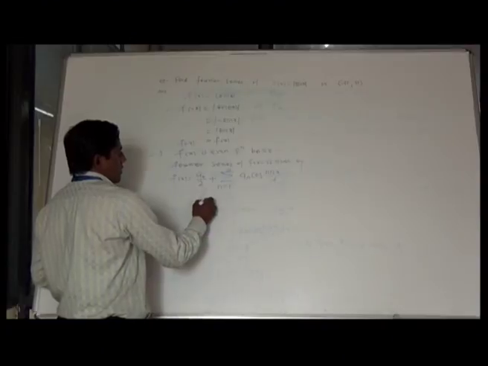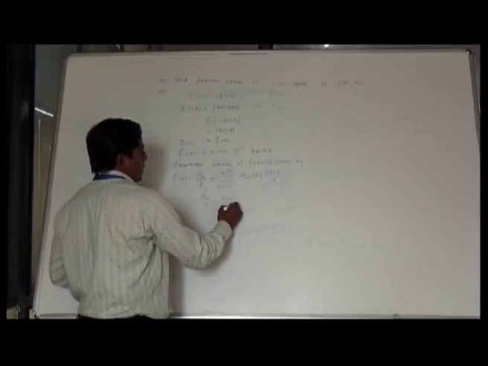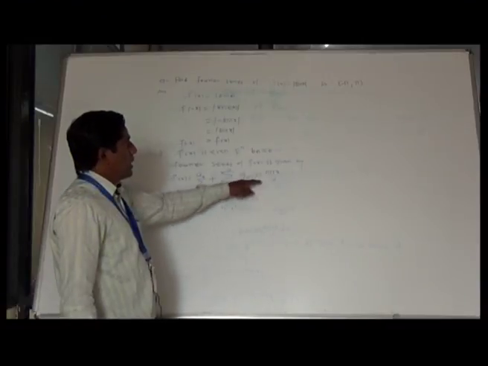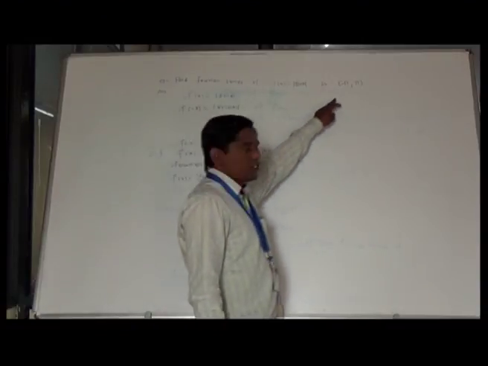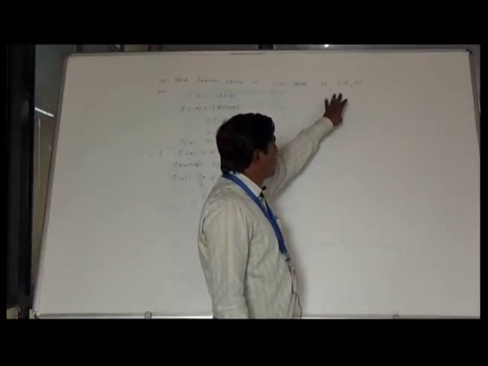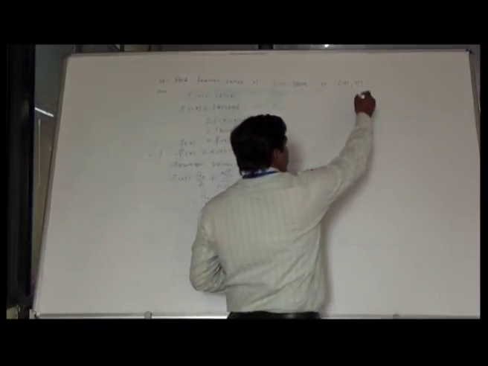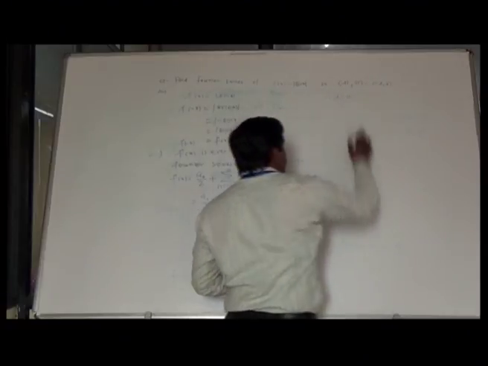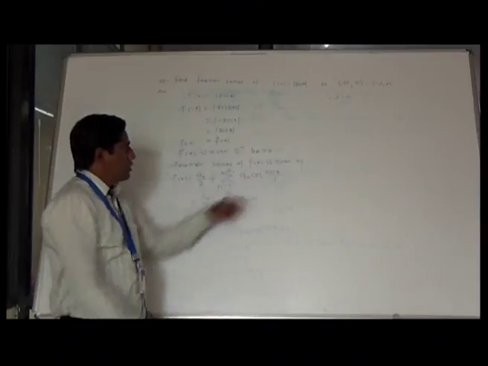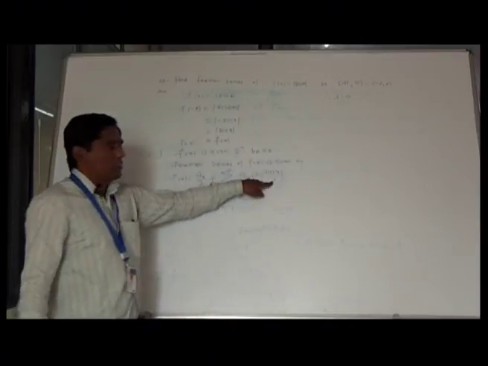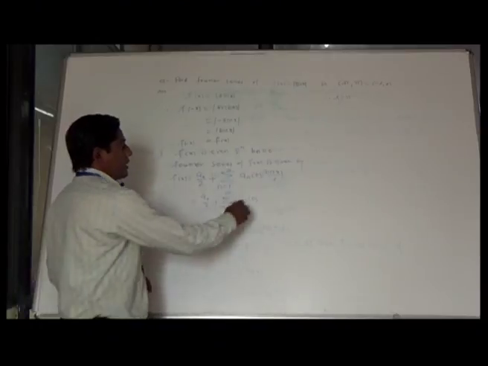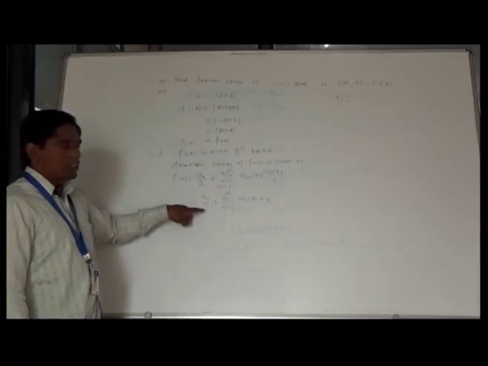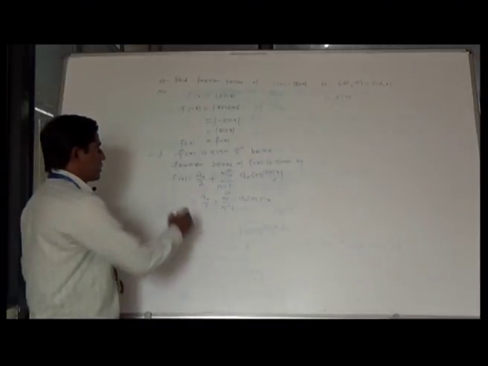Here the given interval is minus pi to pi. Compare this interval with minus L to L. We get L equal to pi. So substitute L equal to pi. We get an into cos nx, as pi gets cancelled. This is the Fourier series of even function.